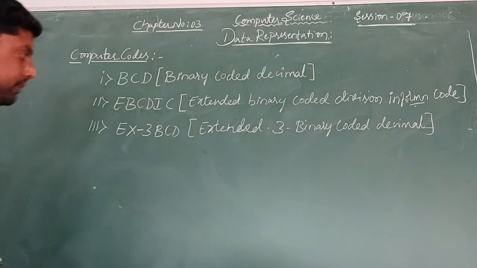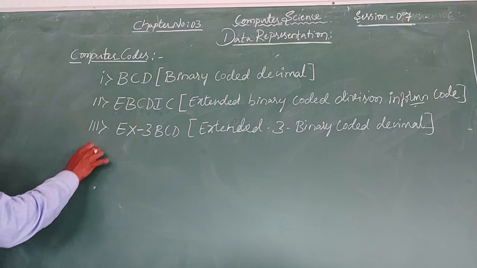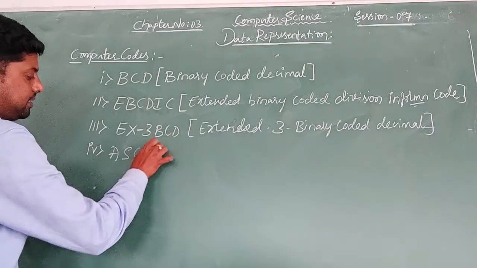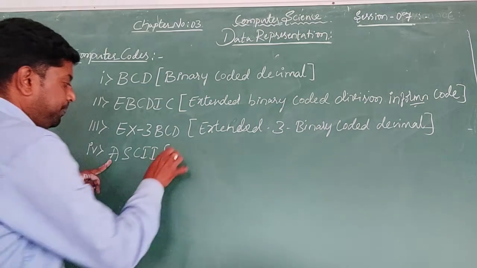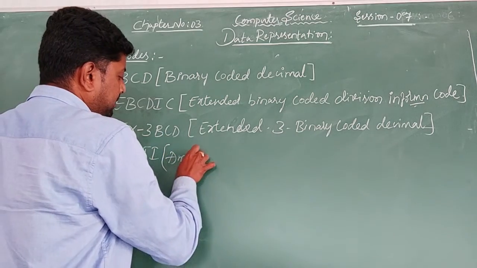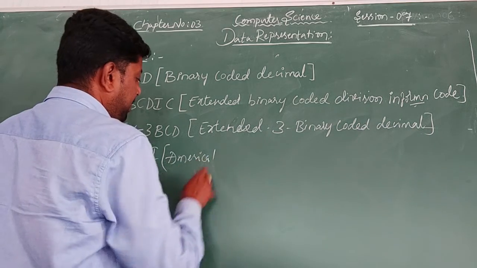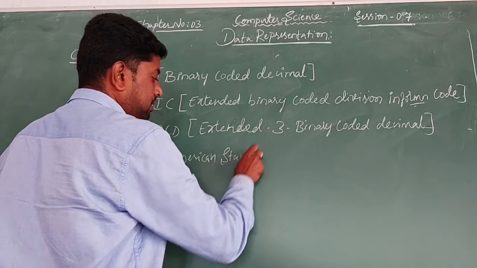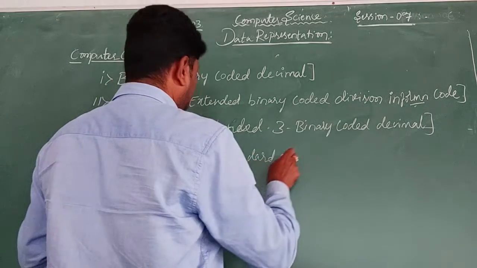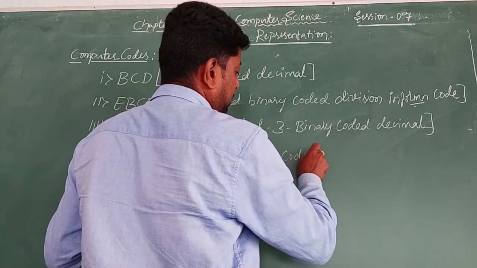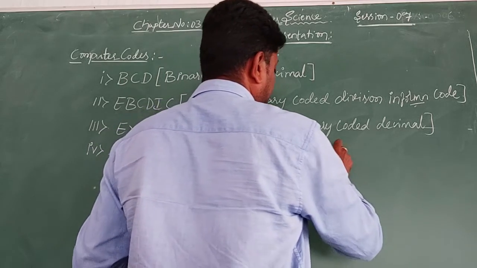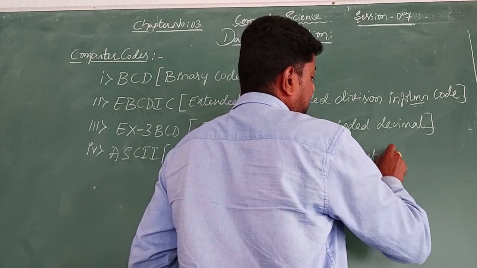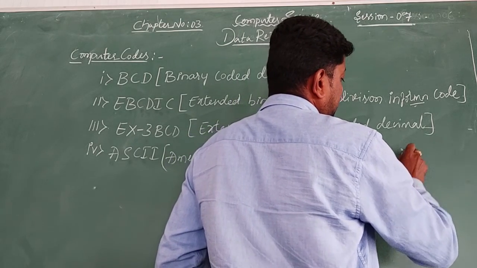Next, and the final fourth type of code, that is ASCII: American Standard Code for Information Interchange.